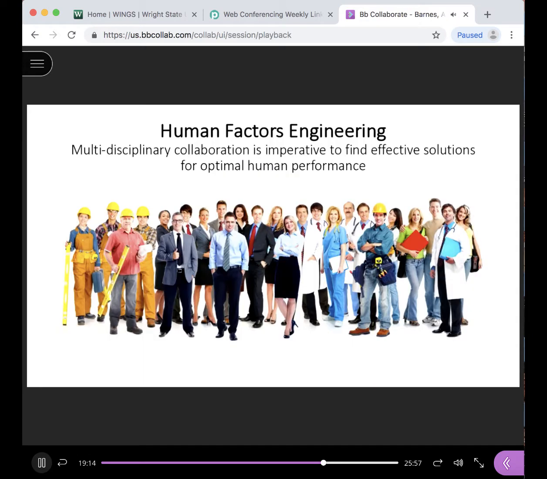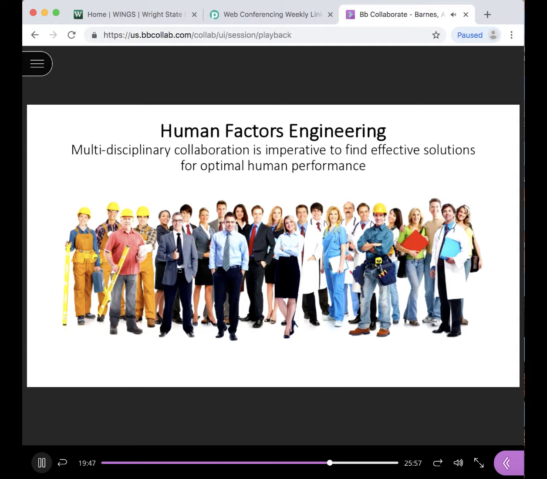Human factors engineering is unique in that, by nature, it is a multidisciplinary collaboration. Human factors engineers work to design systems or jobs or devices or tasks to optimize the performance of the human or to increase efficiency, but at the same time to preserve safety, of course.